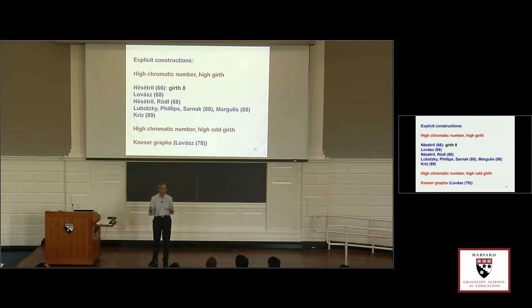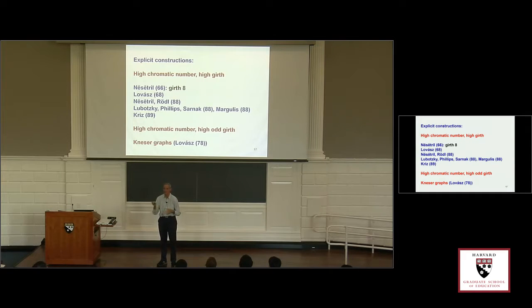What about explicit constructions for high chromatic number and high girth? So non-explicitly, this theorem of Erdős basically told us everything, but we want to see some constructions, and actually I'll show you later in the talk some new construction. So again, there have been many.